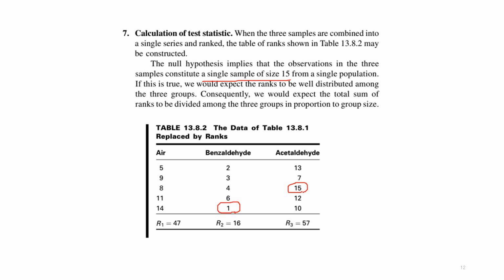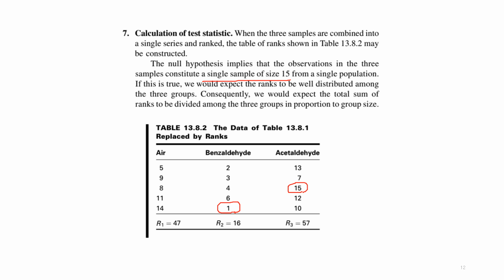So this one is the lowest, the second lowest, the third lowest, the fourth lowest, then the fifth lowest, and the sixth, seventh, eighth, ninth, and so on.